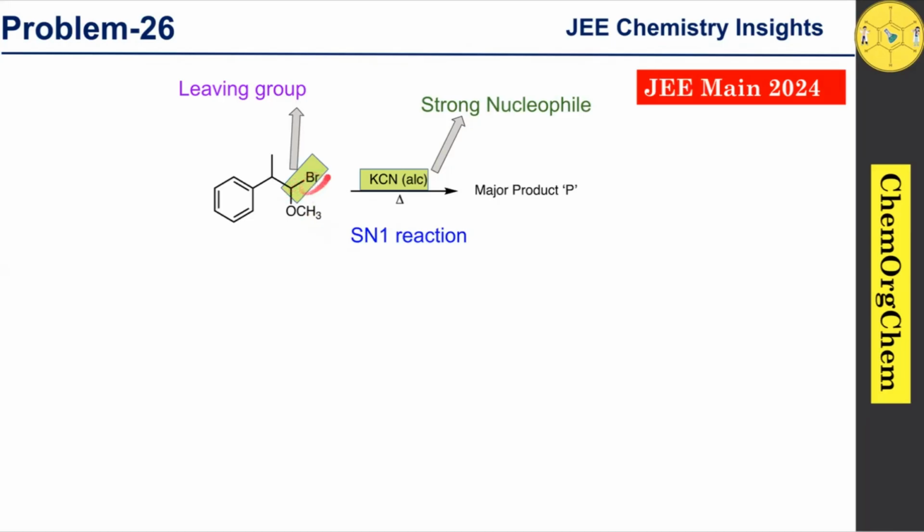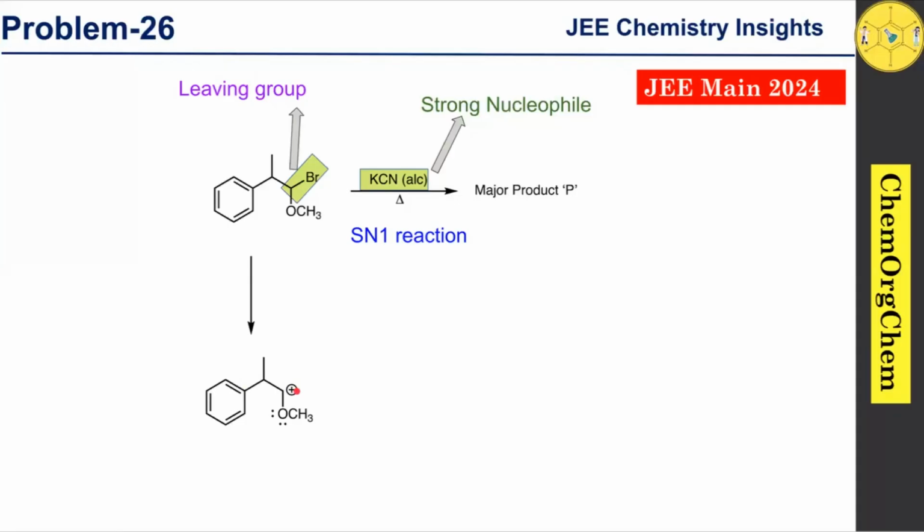Here when the bromine atom leaves, we form the carbocation, especially on this carbon. Now the big question: what stabilizes this carbocation? Some students think the phenyl group helps by resonance, but careful, this carbocation is not a benzylic carbocation. It is one carbon away from the ring, so the phenyl cannot directly stabilize it.